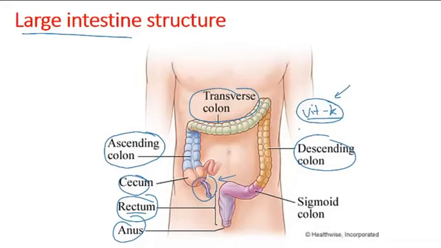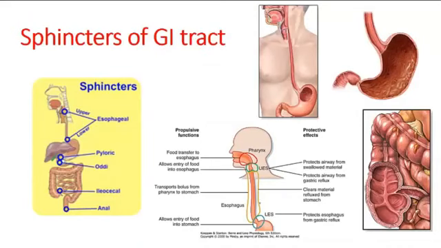As you see, there are three bands of smooth muscle called the teniae coli. They cause the outer portion of the colon to be packed into pockets called haustra. That is a unique structure.